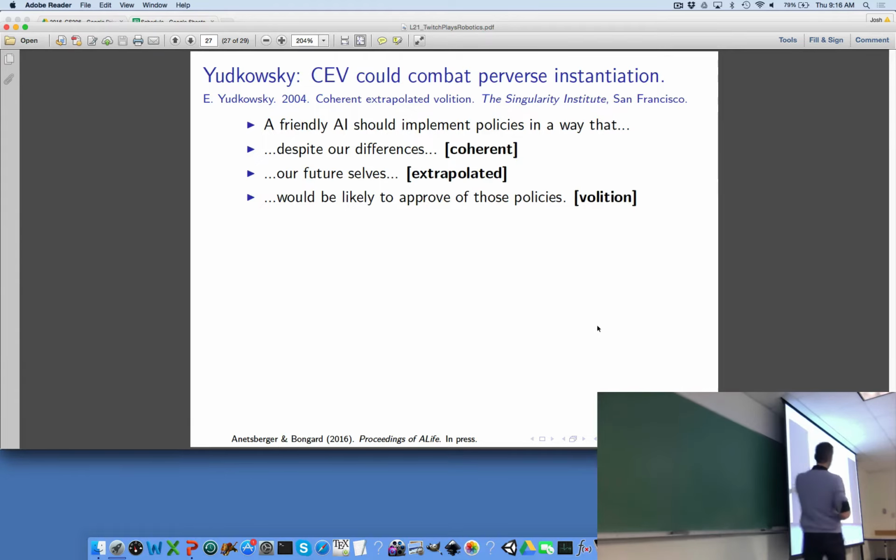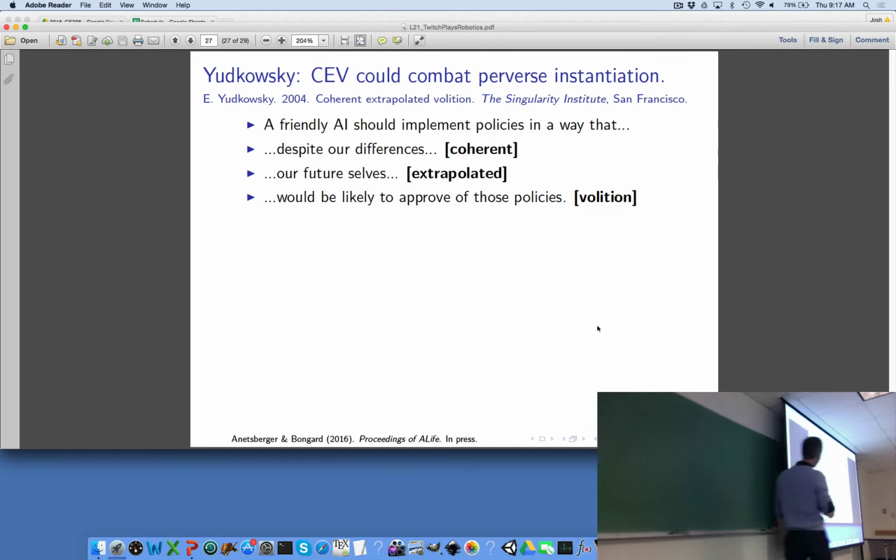So let's deal with the last one first, volition. Our future selves would think it was a good idea, right? If a machine manages to hold you down and put a wire into your brain and maximize the pleasure center of your brain, you would probably thank it for doing it. Your present self would thank you for that procedure, right? But your future self, looking back on it, having either had the surgery reversed or having been told 20 years ago that machines were considering doing this, would probably thank the machines or the people that stopped that policy from being implemented, right?